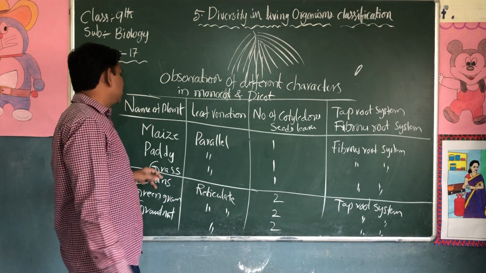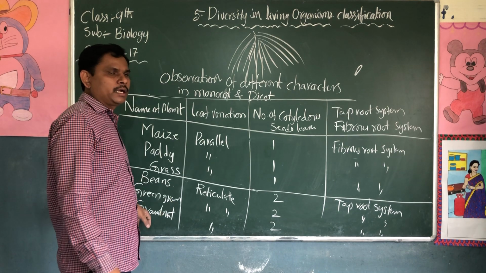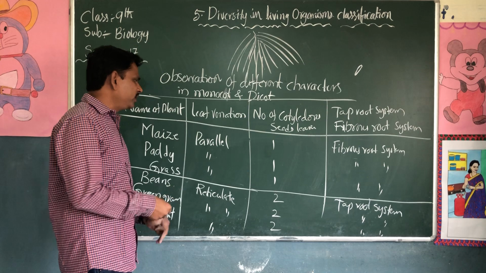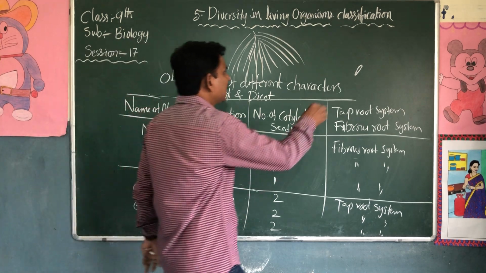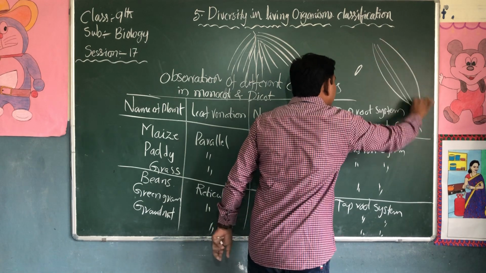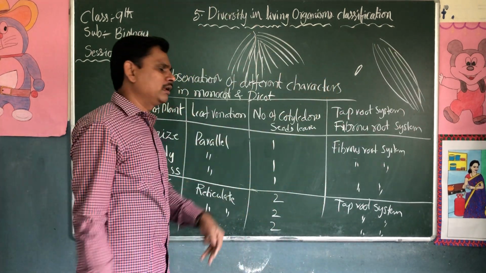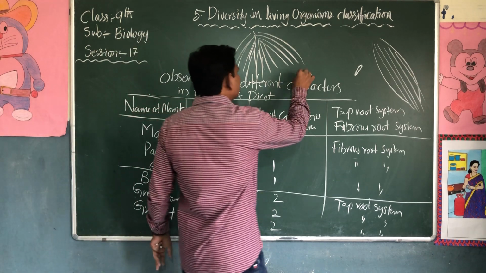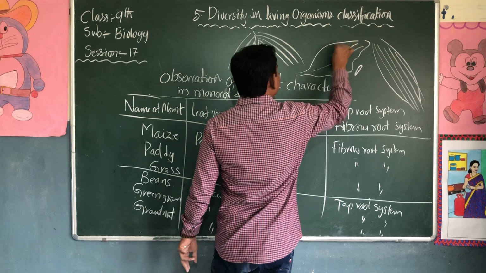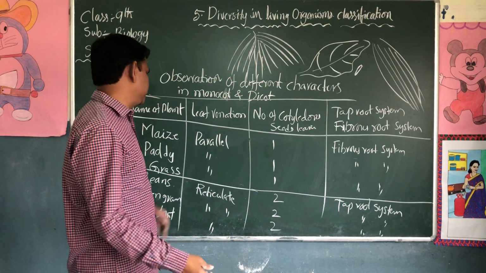Coming to the dicotyledons like beans, green gram, red gram, groundnut. The parallel leaf venation was already explained: straight and parallel. Reticulate is different, like this net-like pattern.